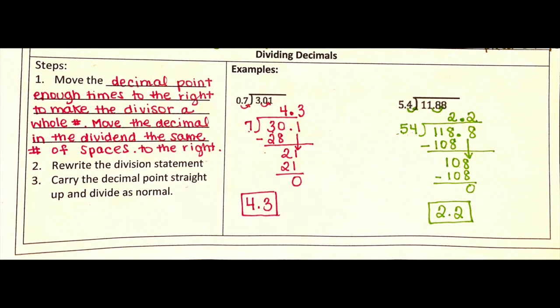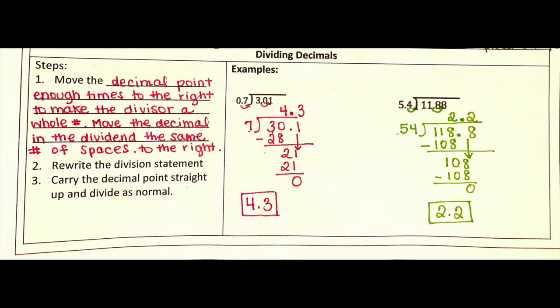In our last example, we are dividing 5 and 4/10 into 11 and 88/100. Again, in order for us to divide, we need to change the divisor from a decimal to a whole number. Since the divisor only has 1 decimal place, we are going to move that decimal 1 spot to the right.